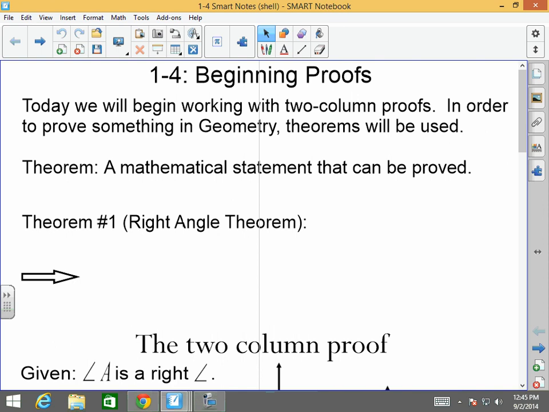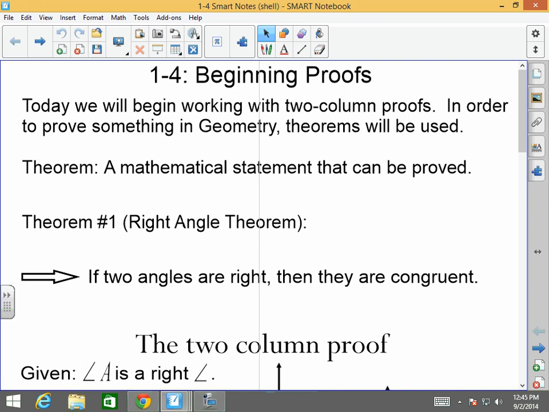Okay? And what is the right angle theorem? Well, it's very simple. The right angle theorem states that if two angles are right angles, then they are congruent. It's literally that simple. If you see that two angles are right angles, then you know that those two angles have to be congruent.